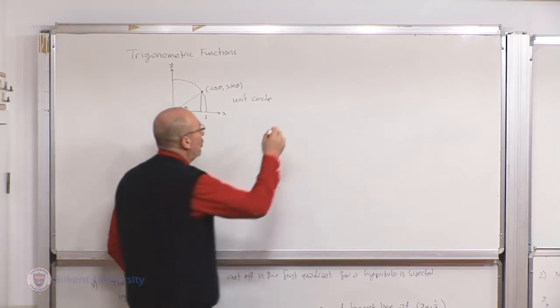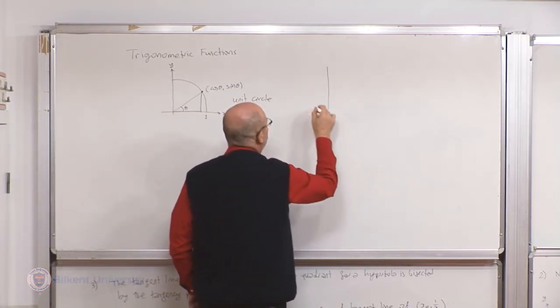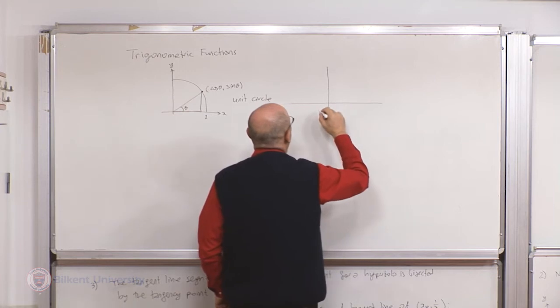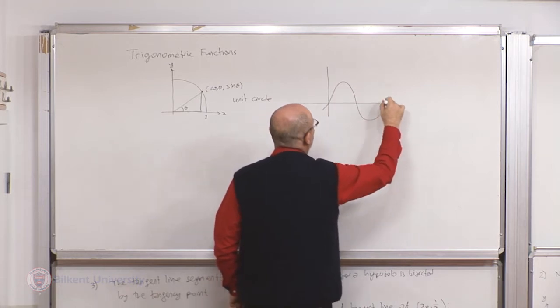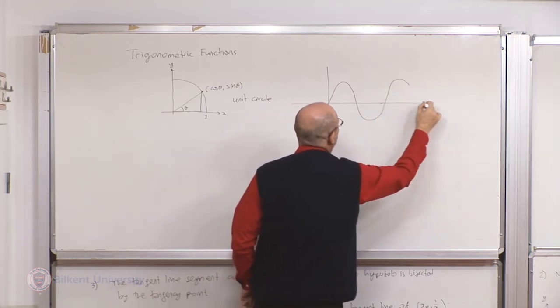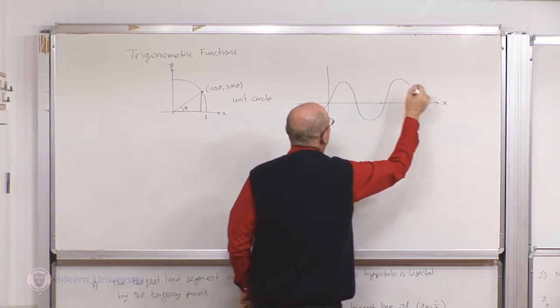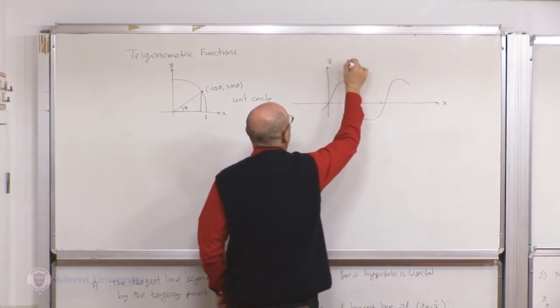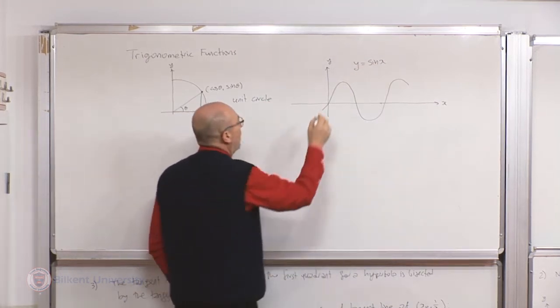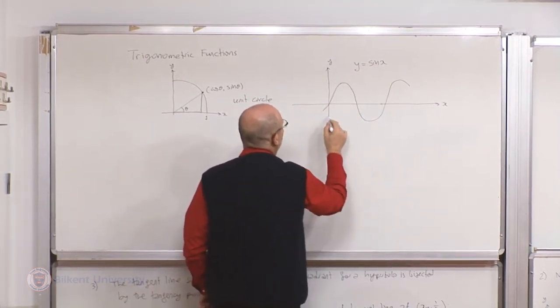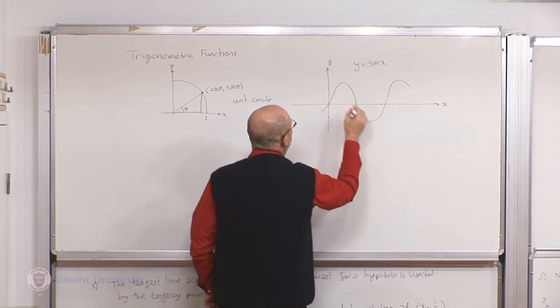Just to remind you what we are doing. And the graphs are simple. The sine function is periodic, it keeps on going like this. So this is y equals sine x. It oscillates between +1 and -1.